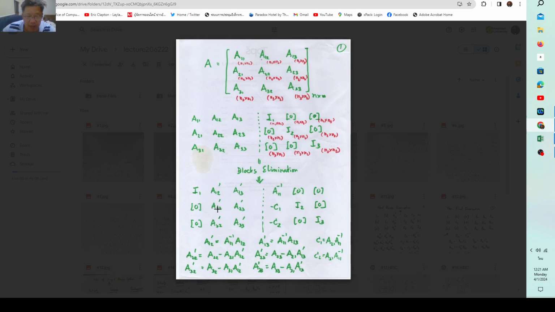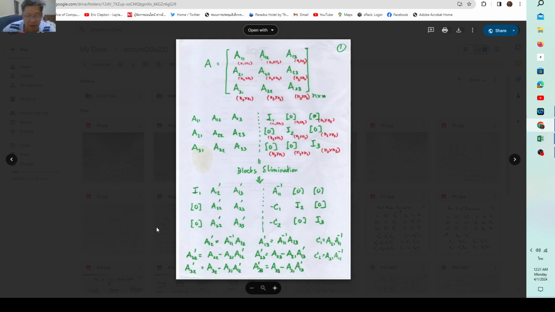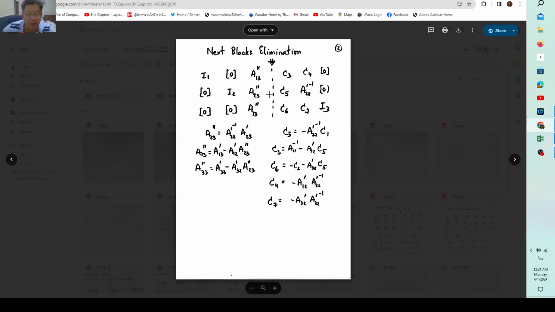So you take A22 prime inverse and multiply everything in this corresponding row of submatrices. So A22 prime inverse times A22 prime becomes I2, right? And A23 prime becomes A22 prime inverse times A23 prime. This one is A23 prime, you get A22 inverse, multiply this, it becomes A23 prime.